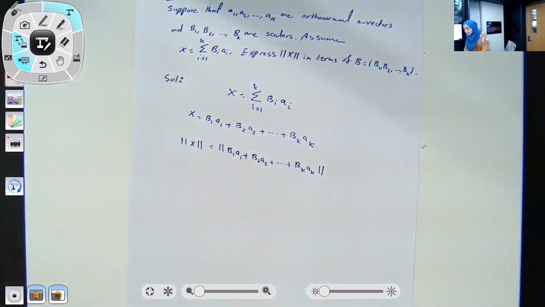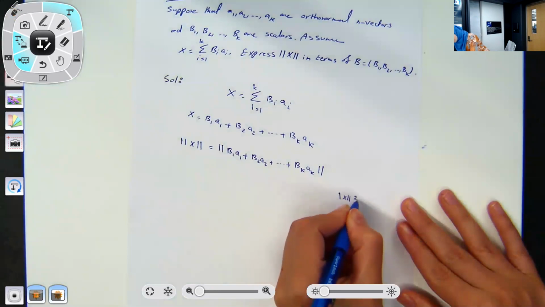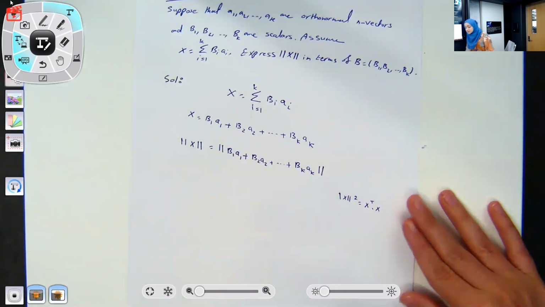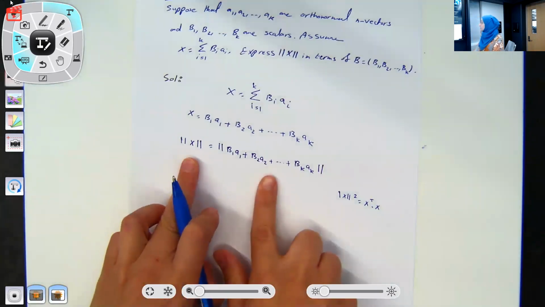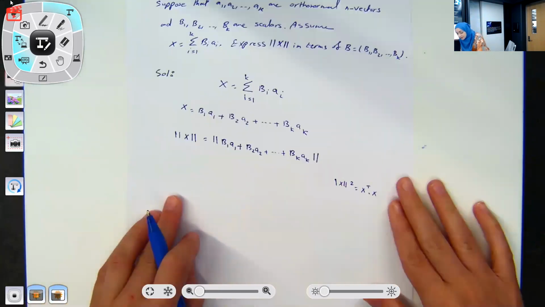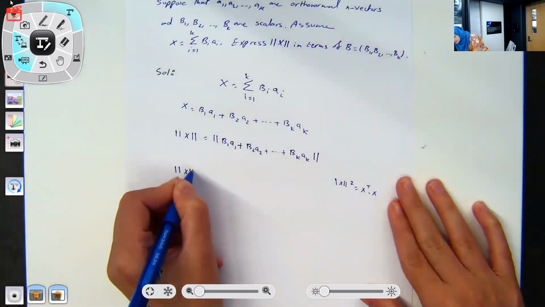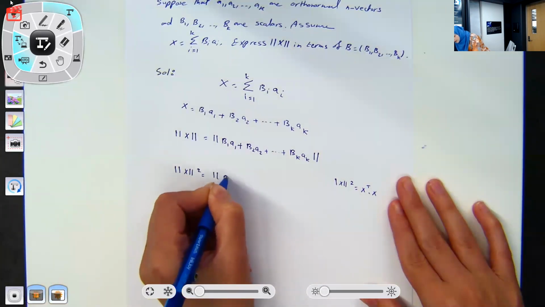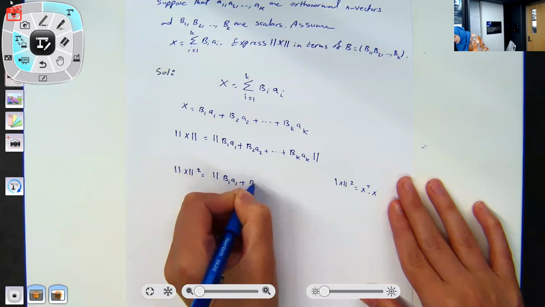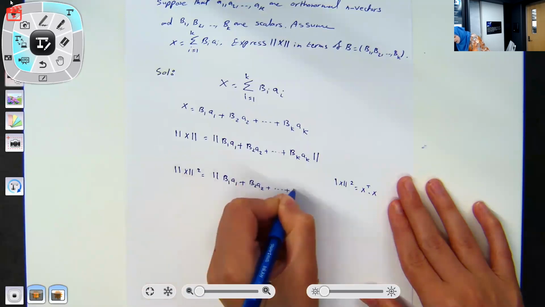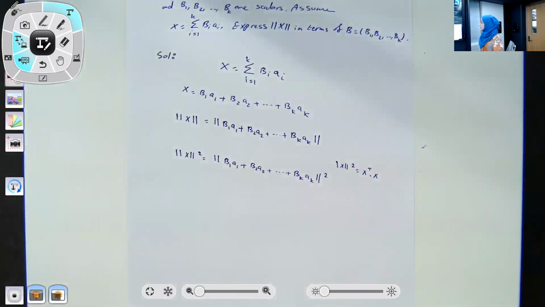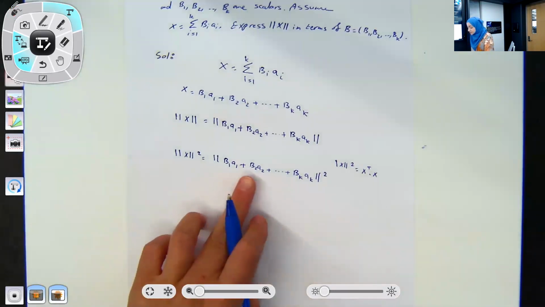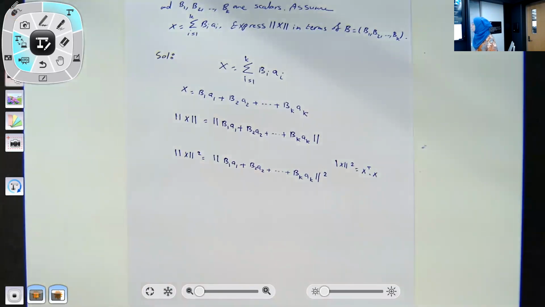And we know that the norm of X to power 2 equals X transpose times X. So let's find the norm of X squared, taking the norm squared for both sides. The norm of X squared equals the norm of B1 A1 plus B2 A2 up to BK AK, to power 2.